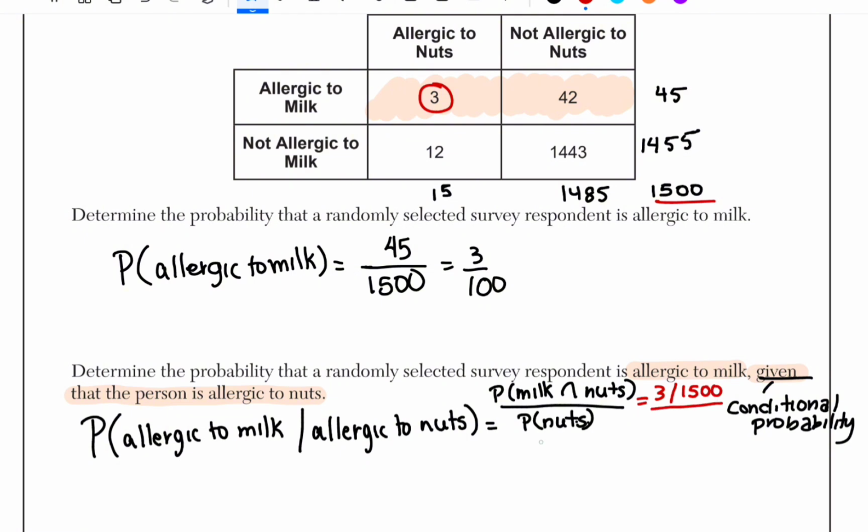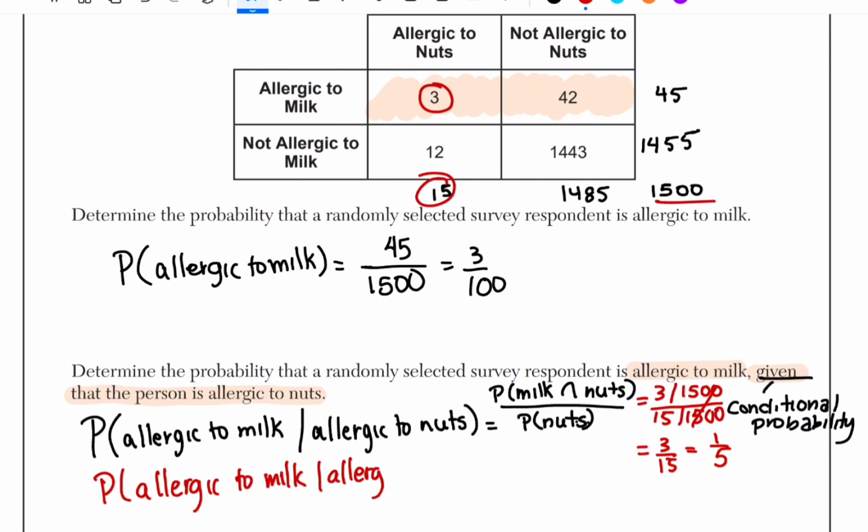The probability that they're allergic to nuts in totality is 15 over 1,500. And when we simplify, that equals 3 over 15. In other words, 1/5. So the probability that they're allergic to milk, given that they're allergic to nuts, equals 1/5.